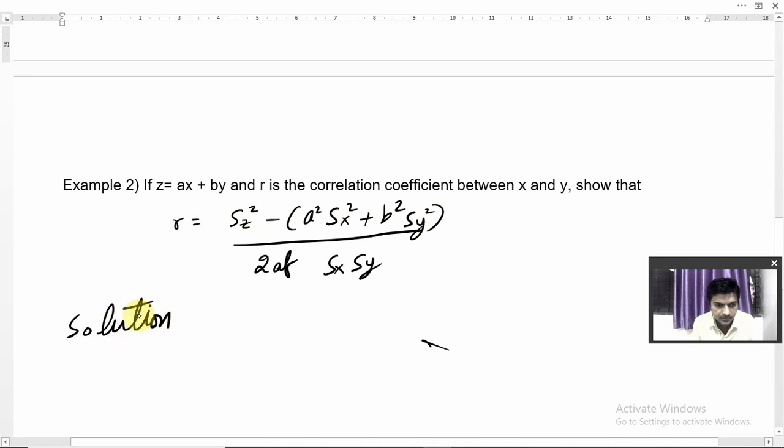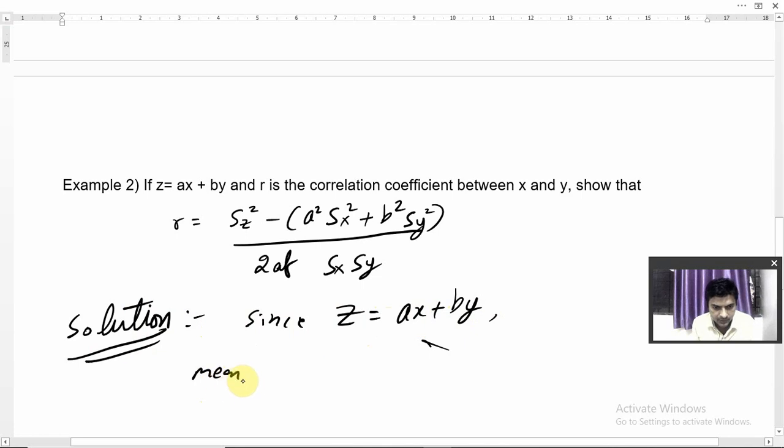Okay, now you can see, we'll simplify since we know, students, that we take z is equal to ax plus by equation. Therefore, we can easily write the mean of this equation. So that is z bar is equal to a x bar plus b y bar, the means of x, y and z.